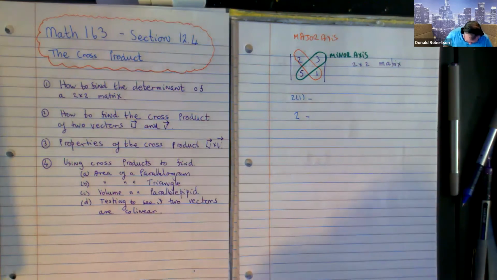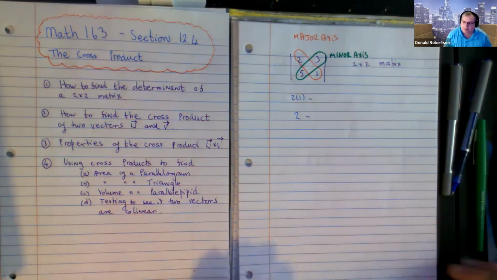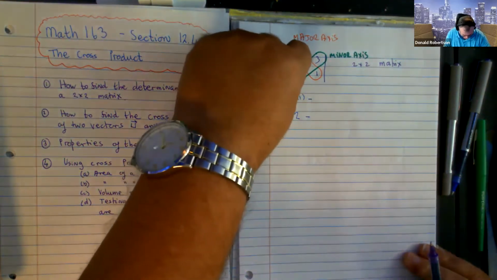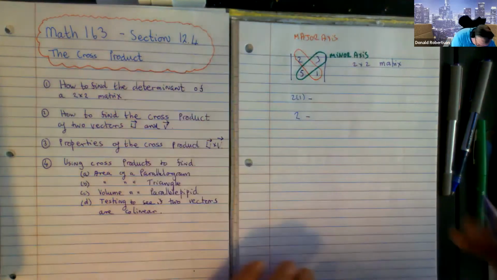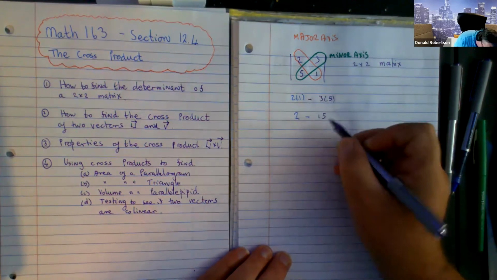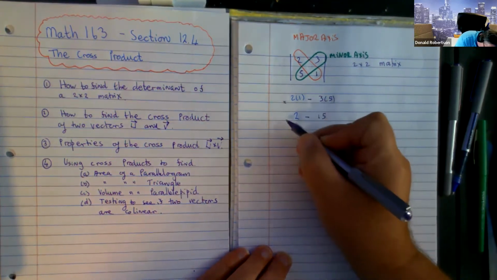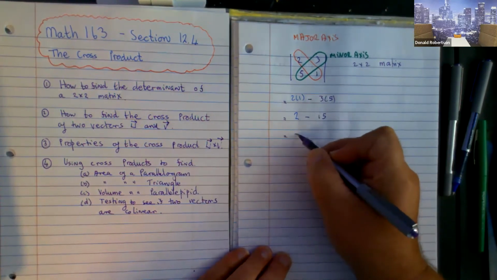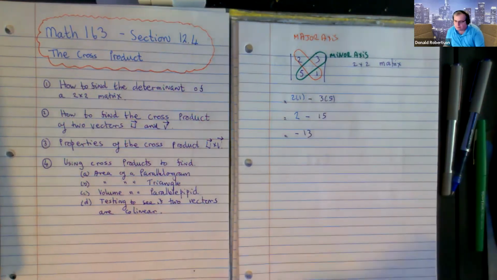So to get the determinant of a 2 by 2 matrix, you multiply the major, take away the minor. So in this case, 2 take away 15, and the answer would be negative 13. Are you comfortable with that process, or do you want me to do a couple more of getting a determinant of a 2 by 2?